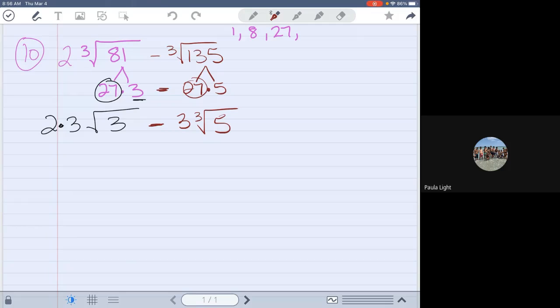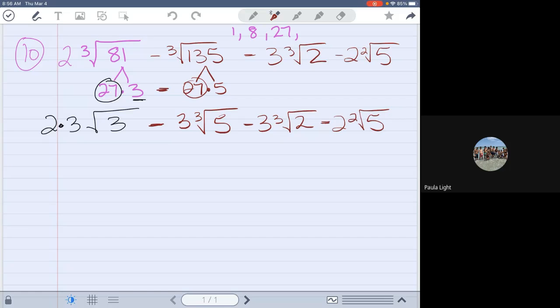Okay, the next one is minus 3 cubic root of 2. I don't think we can simplify that at all. We can't, because 2 is not a perfect cube. So that stays like this. And the last one is minus 2 square root of 5. They're trying to trick you here.